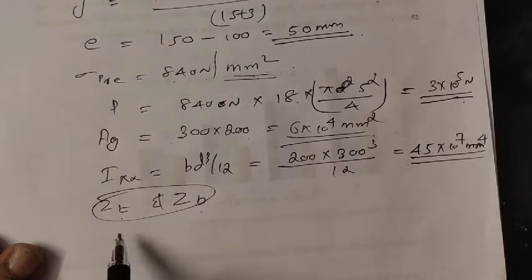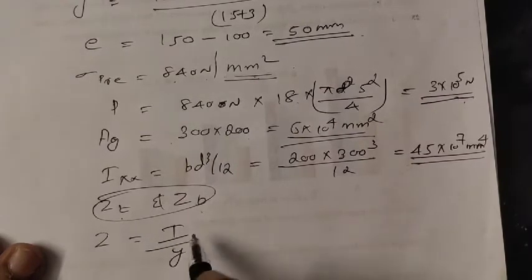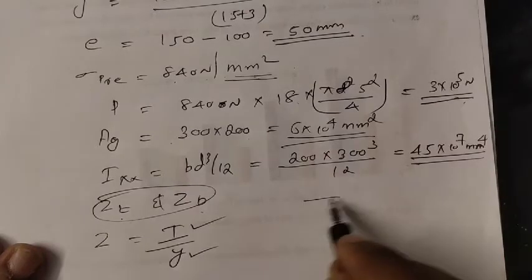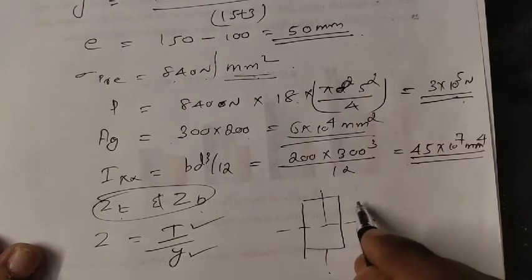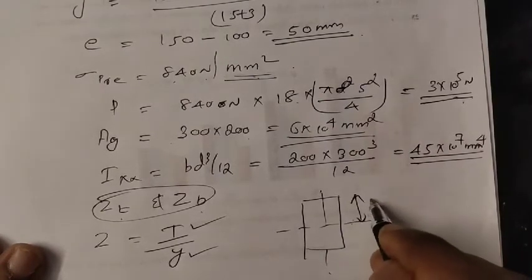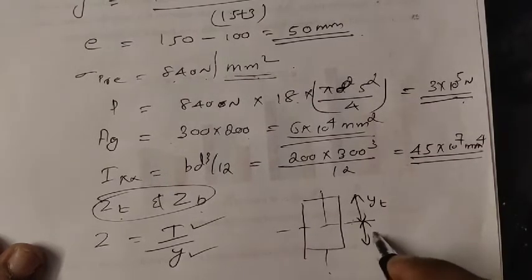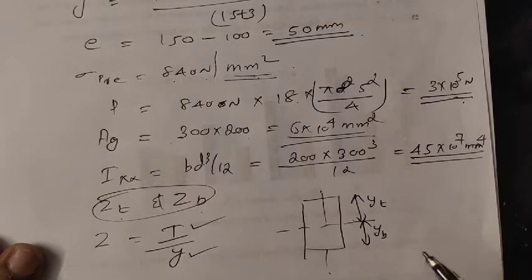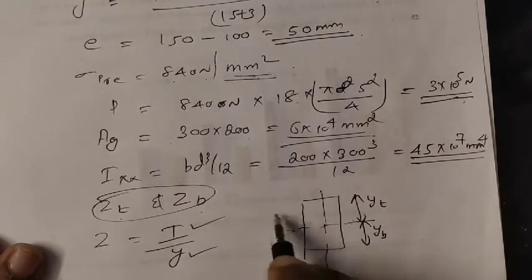The equation for the section modulus is Z equal to I by Y, that is moment of inertia by Y. What is Y? If this is the beam and this is the centroid, Y means the distance from the centroid axis to the top, that is Y top, the top fiber. If it is the bottom, that is Y bottom. In this case, the centroid will act as the geometrical center, that is 300.